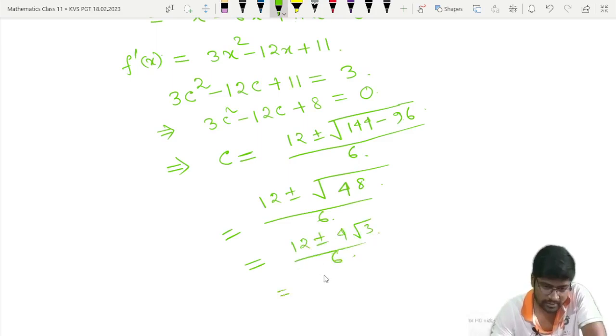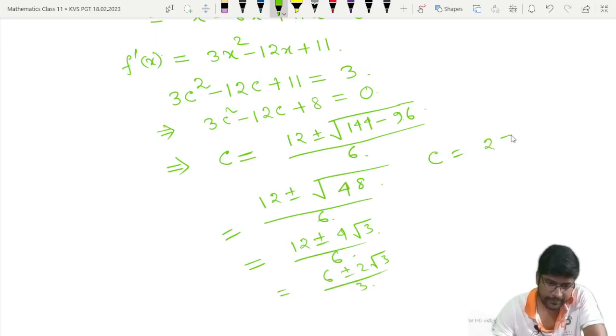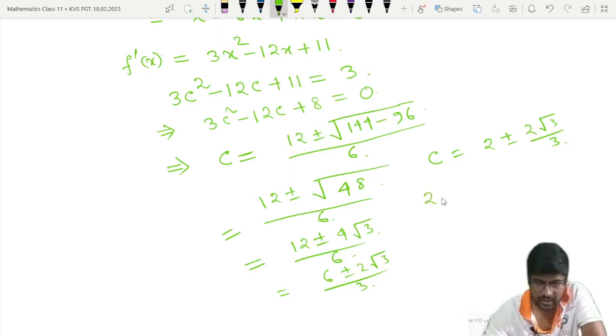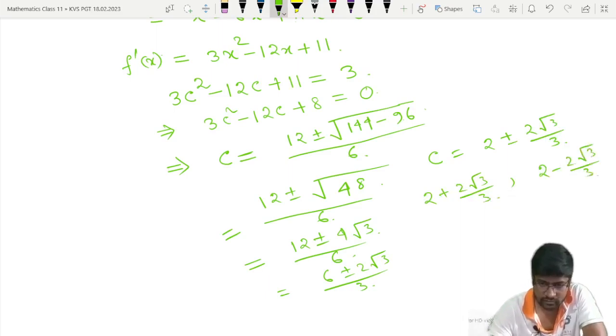So again 2 will be cancelled, so 6 plus minus 2 root 3 divided by 3. So this will give us c is equal to 2 plus minus 2 root 3 divided by 3. So one value is 2 plus 2 root 3 divided by 3, and another value is 2 minus 2 root 3 divided by 3. These two values of c we are getting.